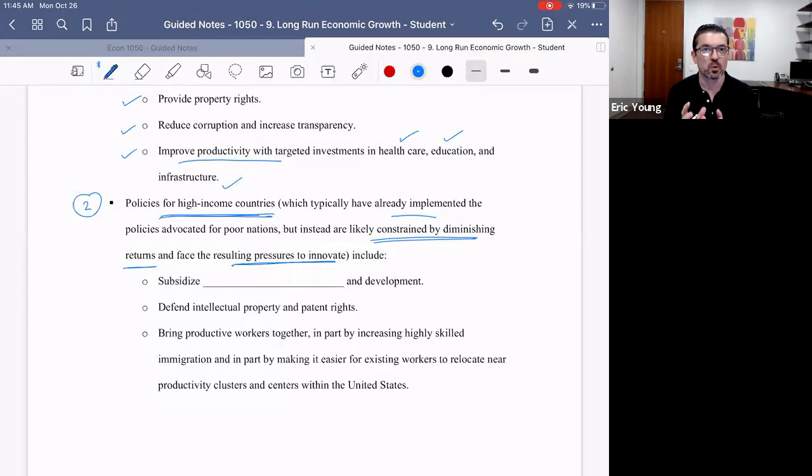And again, rich world is already wealthy. They're not tied to catch up. They're looking at sustainability. They're not looking to develop the basics like the poor countries. They're looking to innovate, to keep their edge, to keep their advantages, to boost their production function. What policies can help achieve that? Well, there's a couple.